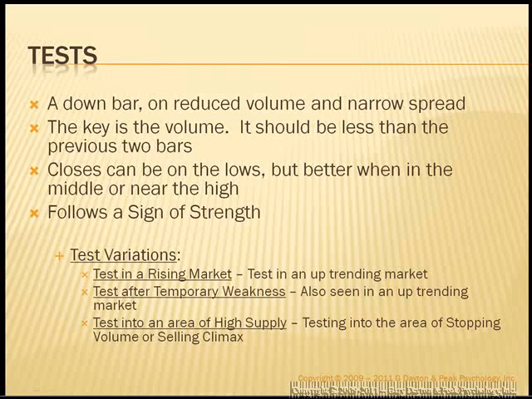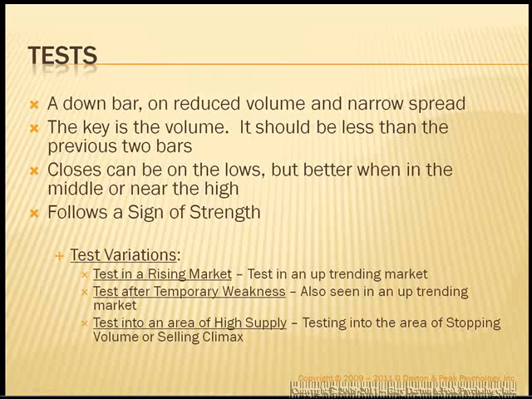So typically they're a down bar on reduced volume, and the range or the spread is going to be narrow. The key is always going to be the volume, and it should be less. A rule of thumb that Tom Williams uses, which is helpful, not critical but helpful, is that the volume should be less than the previous 2 bars.